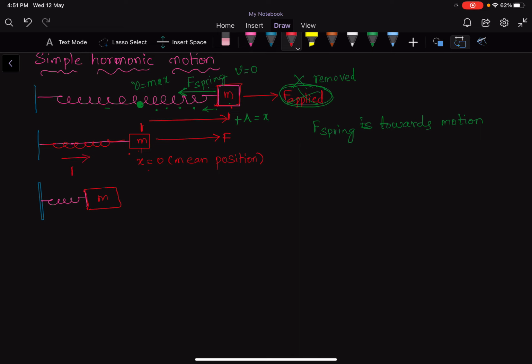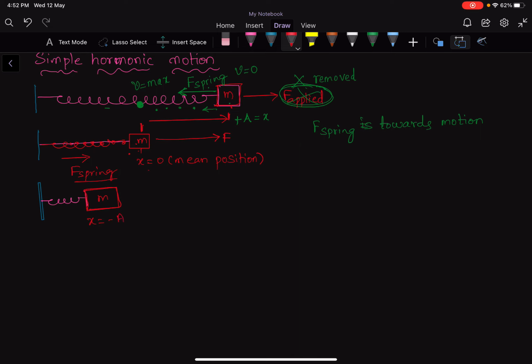This spring force we call the restoring force. Once it overshoots the mean position, the speed decreases and finally becomes 0 at the negative extremum.